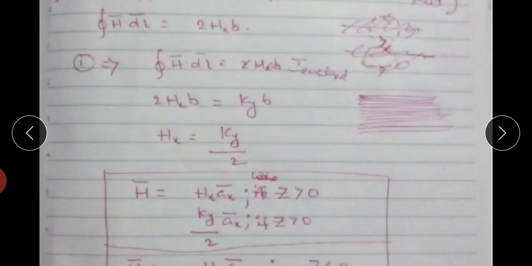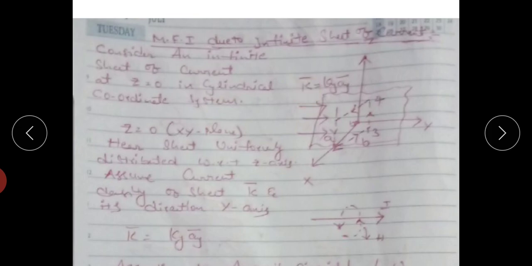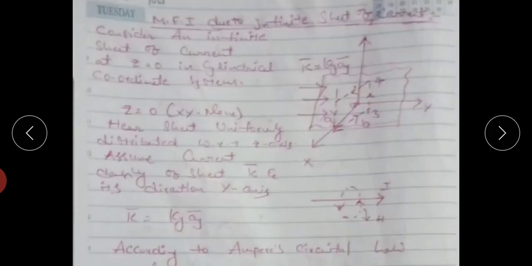So next, H bar, the magnetic field intensity, has only x directional components. Above the z axis, the 4 to 1 direction magnetic field intensity is present. Next, 2 to 3 is below the z axis. Only these two components of magnetic field intensity exist.